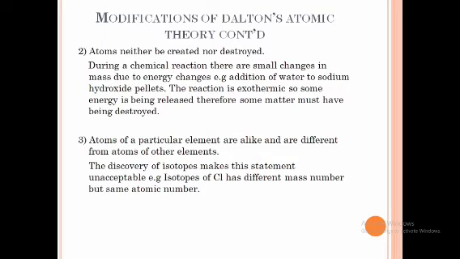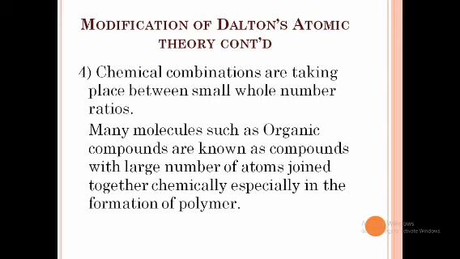They have different mass number but the same atomic number. So this negates Dalton's atomic theory number three that says that atoms of a particular element are alike. So isotopy negates that theory.